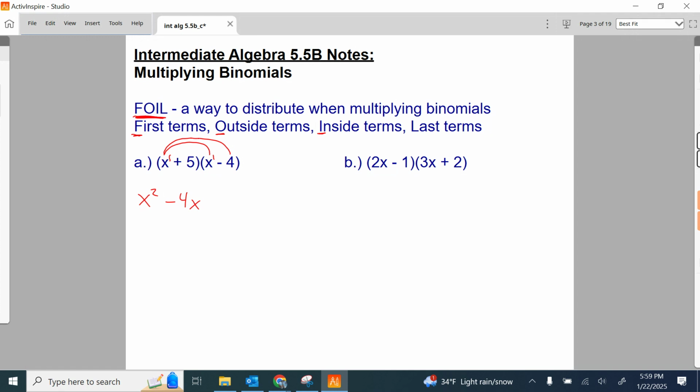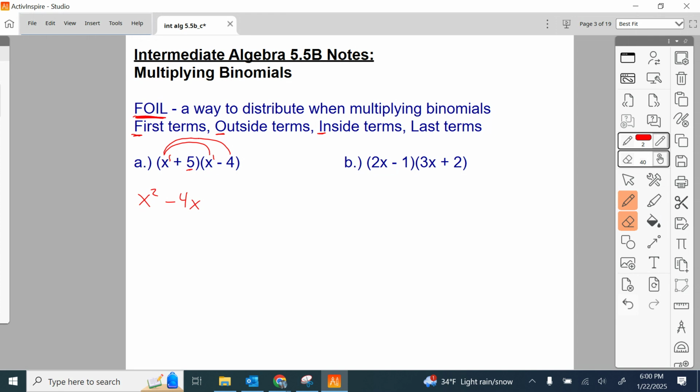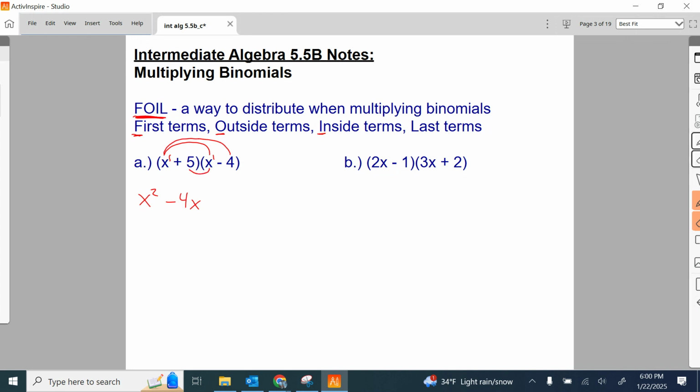When I get to this term here, the 5, what I like to do is draw my distributive arcs underneath so that everything doesn't get all mixed up on top. So I have positive 5 times x, which is going to create plus 5x. All right, so there's those two multiplied.